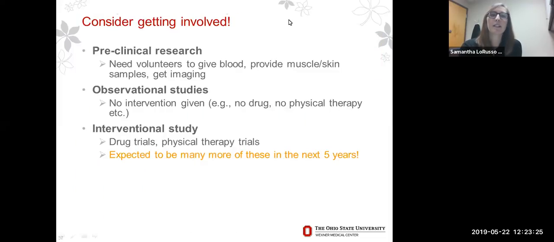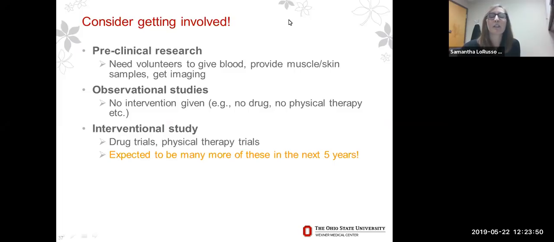I just wanted to say for everyone to at least consider getting involved, and obviously most of you are involved already because you're learning about FSH, but there's tons of research happening and all different types. There's preclinical research, and they need volunteers to give blood, provide muscle and skin samples, get imaging.